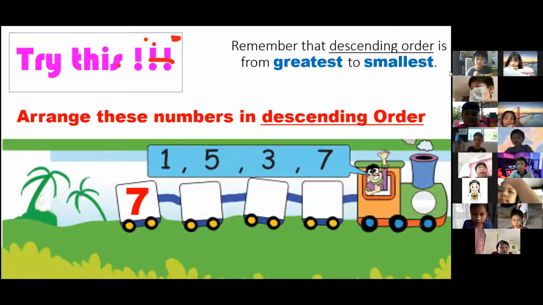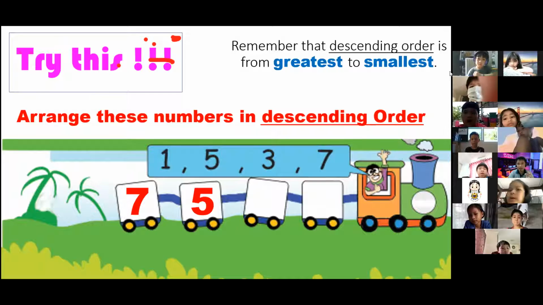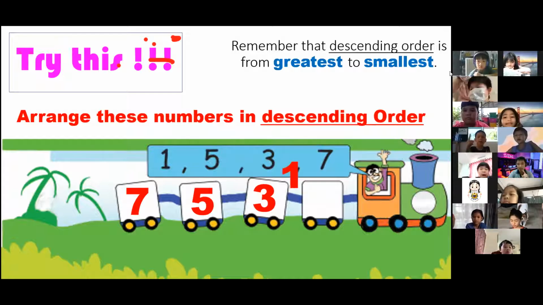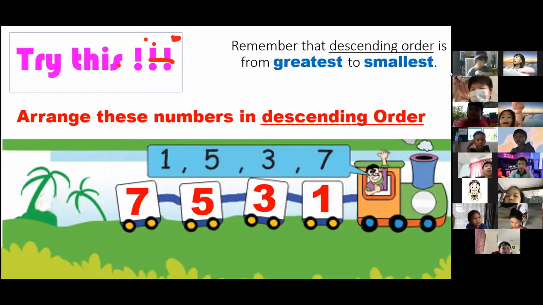Very good. And then what is the smallest? The next number after 7 is 5, and then 3. And the last number, the smallest number, is what number? Number 1. Okay, good job.